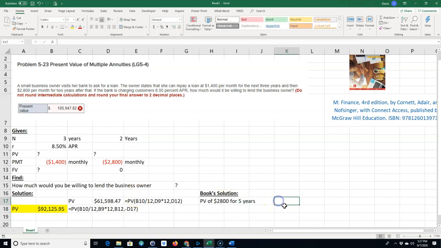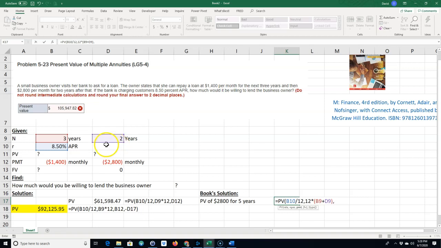And so the present value of $2,800 for 5 years is going to be equal to present value. The rate again is 8.5% divided by 12, and the number of periods is going to be 12 times parentheses 3 years plus 2 years, right? That's 5 years.